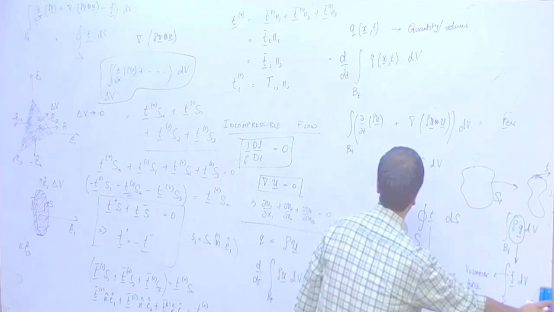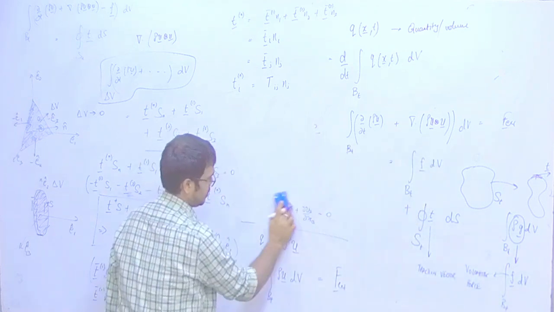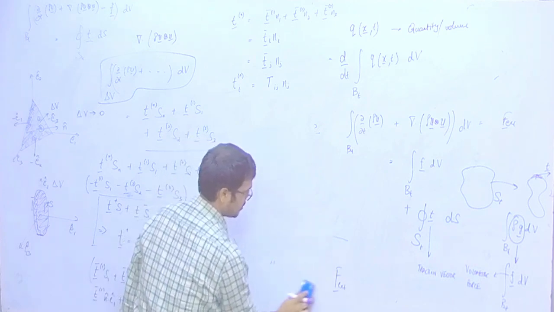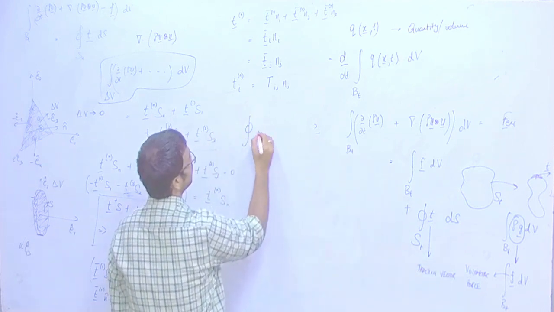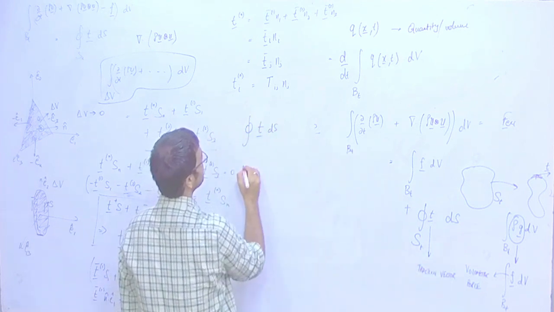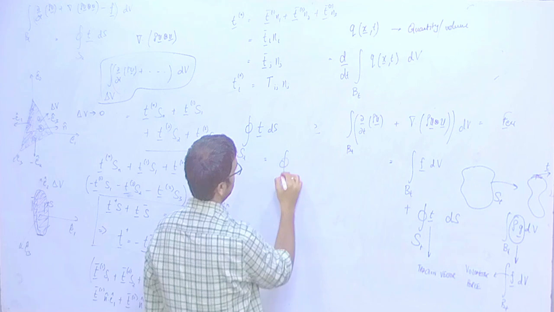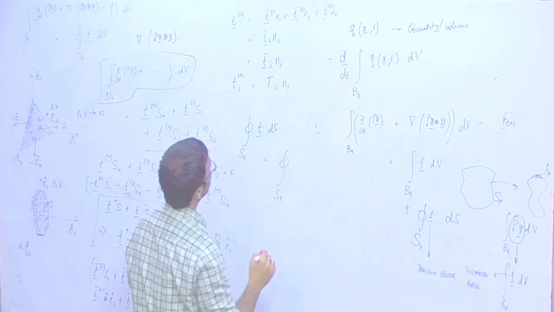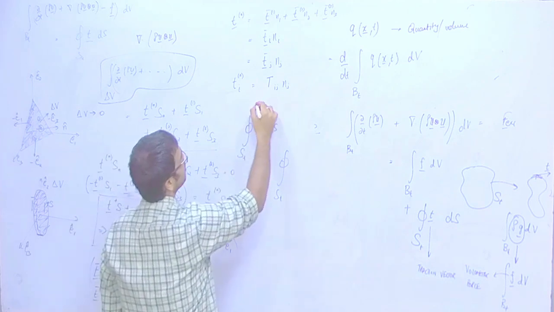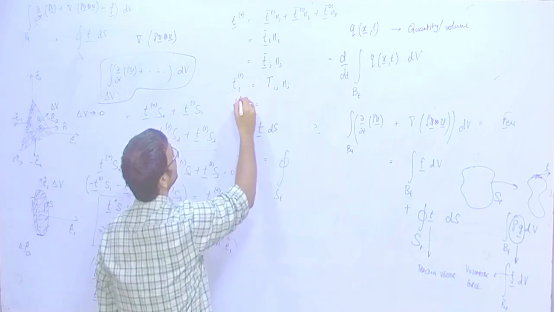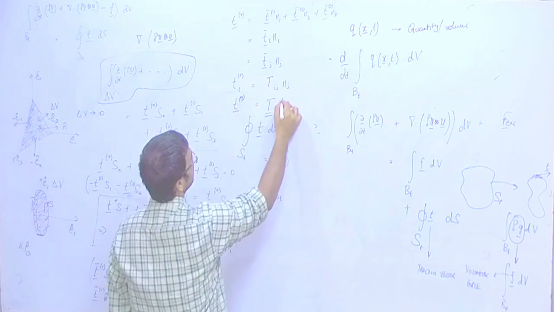So, this integral of T ds over the surface I can write as an integral over the surface. This is a tensor. So, in vector notation you can write this as a tensor dot with n.